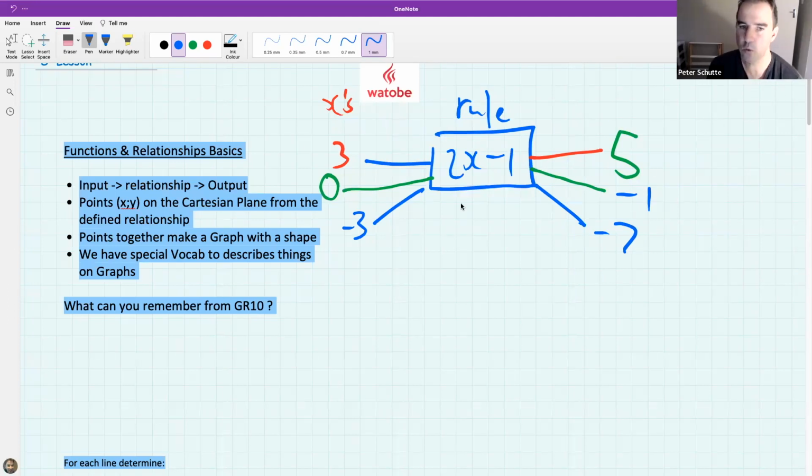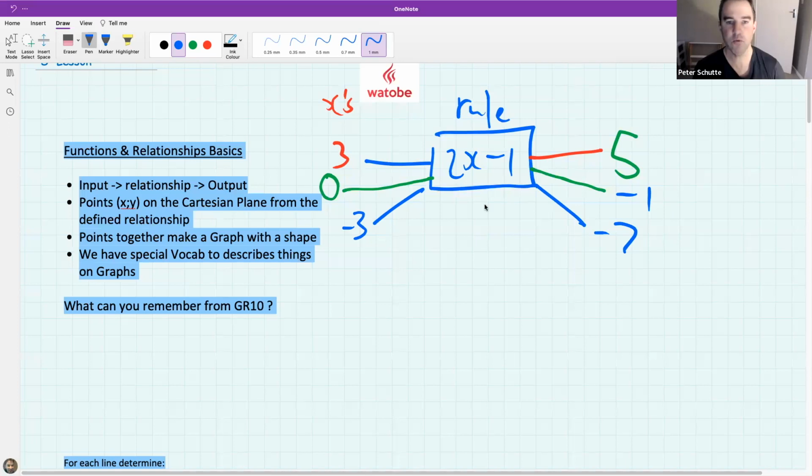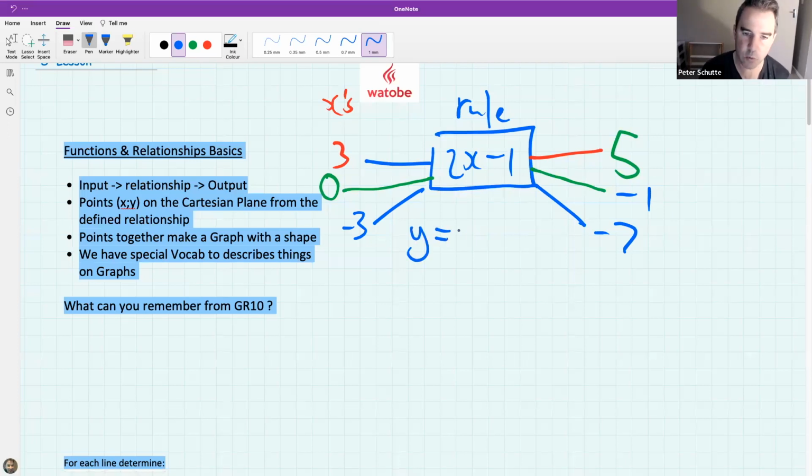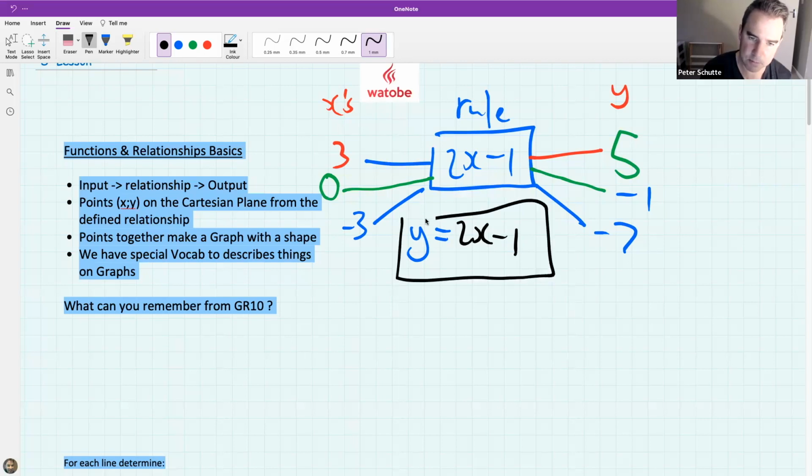Okay, so this relationship, or this rule, is a straight line relationship. And often the way we describe it is, instead of putting it in the spider diagram form, we talk about the inputs and outputs being x's and y's, and we describe them in this form: y equals mx plus c if they're a straight line relationship, or if it's a different type of relationship, the rule might look a bit different.